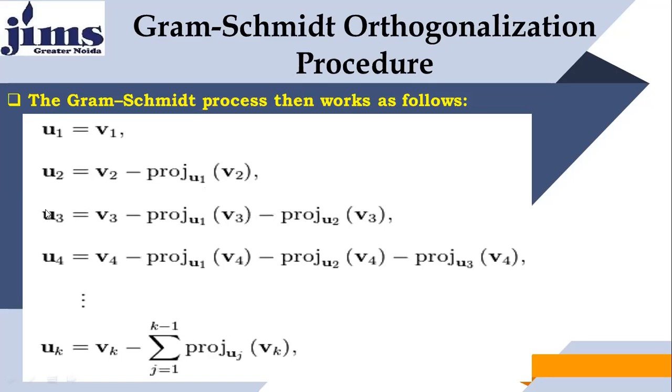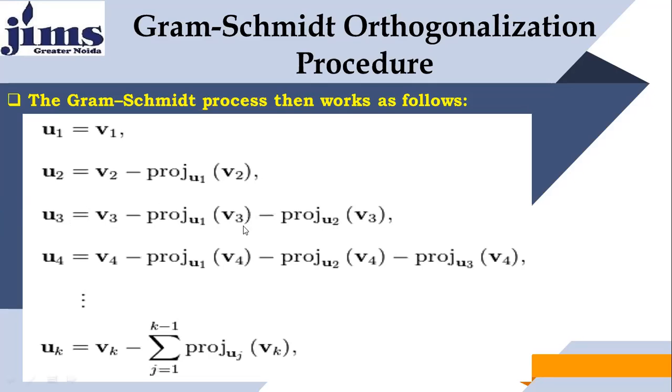Right? So come to U3. Now U3 means this should be equal to three terms. Look at the 1, 2, 3, right? And how do you start? You start with V3 minus projection of, and look at this V2, this is V2 and this is V2.